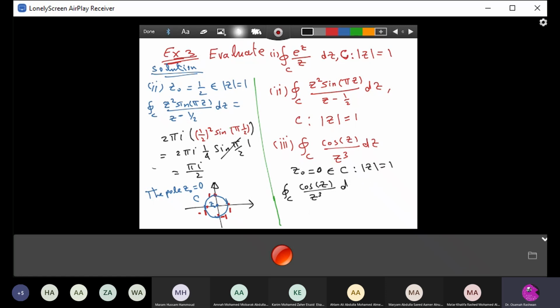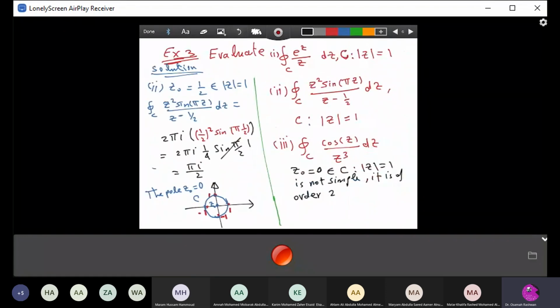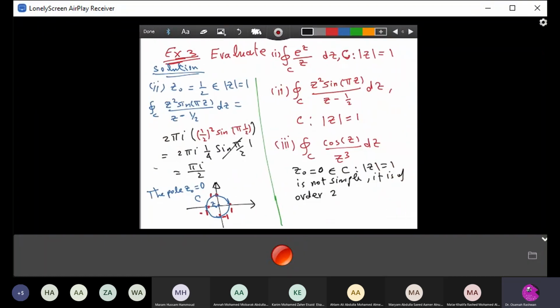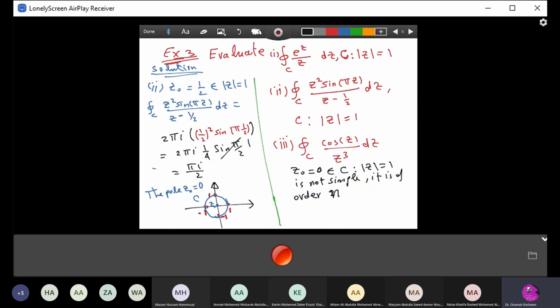So before you start here, you should mention here, it is not simple. It is of order what? Order 2, yes. Because in my Cauchy formula, I have n plus 1. So n will be 2, right? Catch it? So I would like to write here n equal to 2.